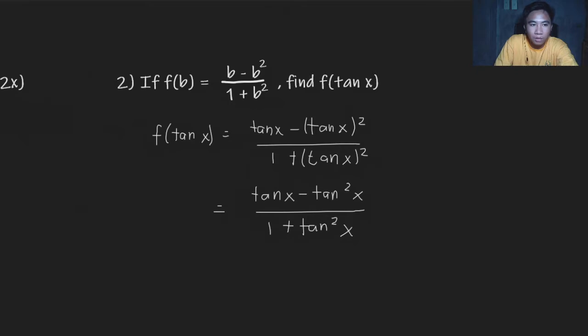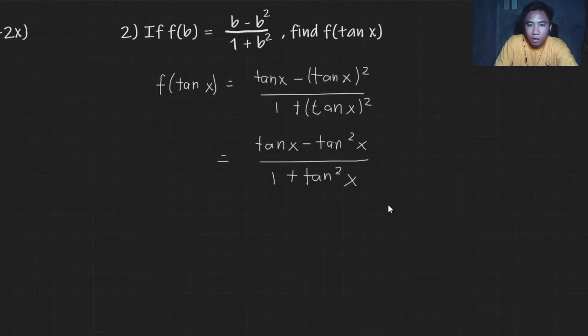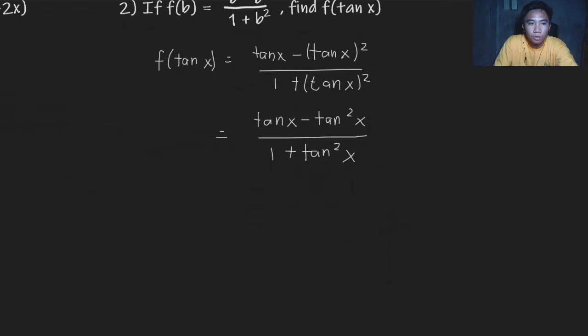So, dito na tayo gagamit ng mga identities. We know that 1 plus tangent squared x is equal to secant squared x. Hindi mo naman kailangan i-memorize yung mga yon.